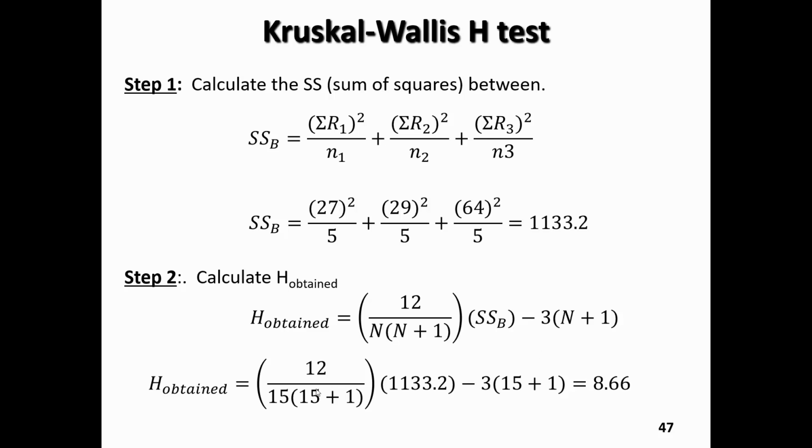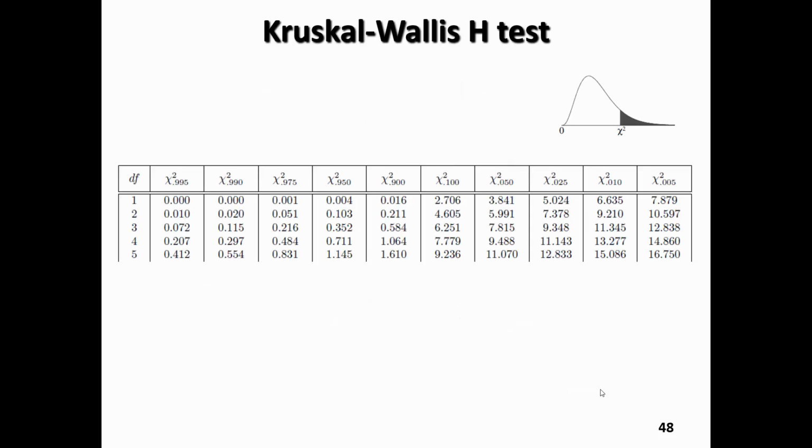And we just simply take our total sample size, substitute that value into the equation, multiply that by what we had just previously calculated for the sum of squares between, and we subtract this value, as you can see right here. So in substituting all the data, we end up with a test statistic of 8.66. So this is our test statistic based upon the data.